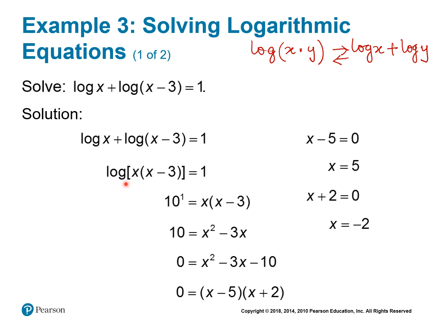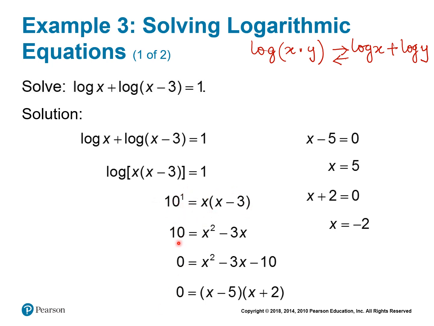Again, the base of log is 10, so we have the base of the exponent as 10. Then we took the 1 from the right-hand side and made it the exponent of 10, and we moved the x times x minus 3 and wrote it on the other side of the equal sign. So now we have an algebraic expression without the log in exponent form.